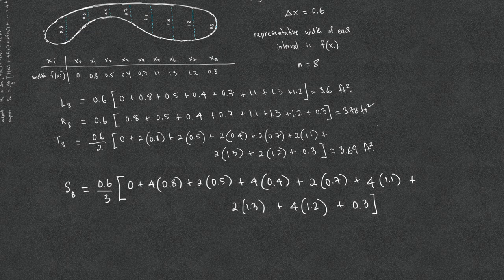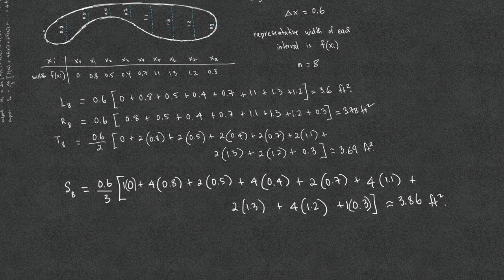The pattern inside the sum is 1 4 2 4 1, or 1 4 2 4 2 4 1, or 1 4 2 4 2 4 2 4 1. This is the reason why we need an even number of intervals when we use the Simpson rule. This sum is estimated to be 3.86.